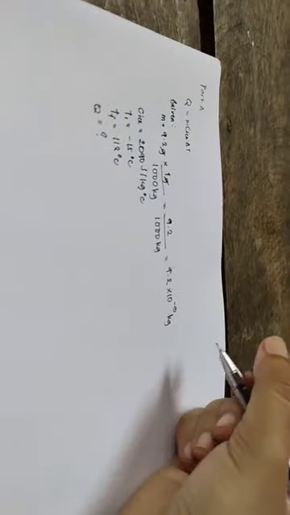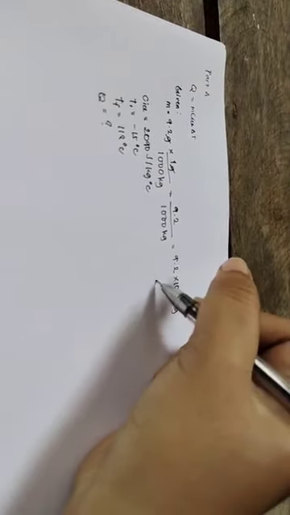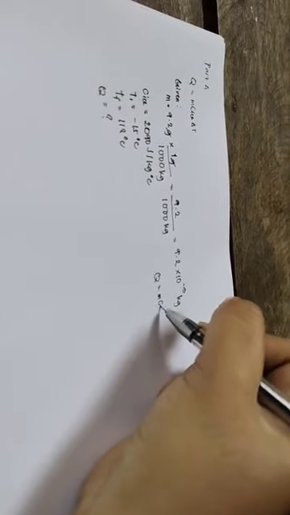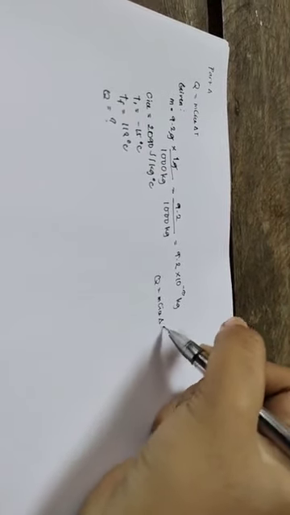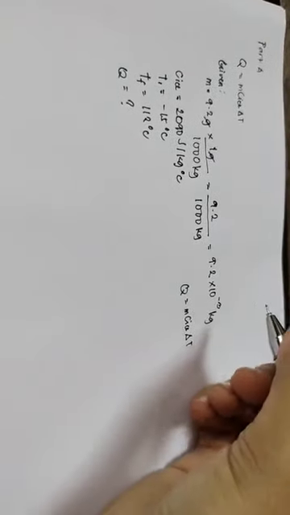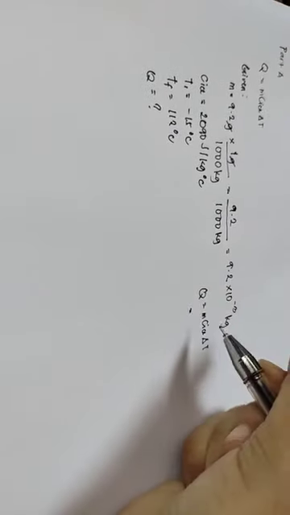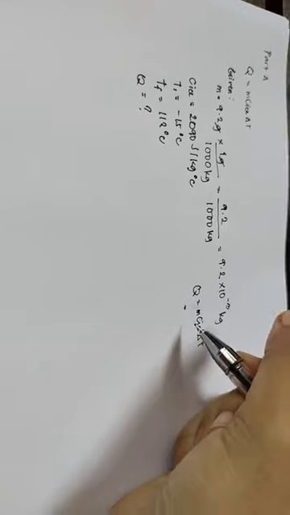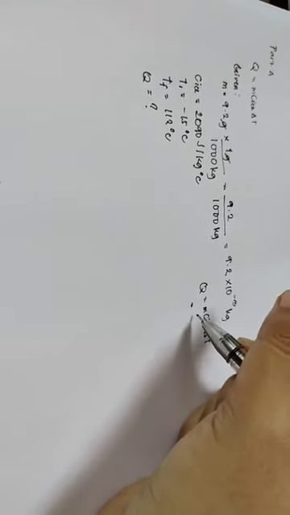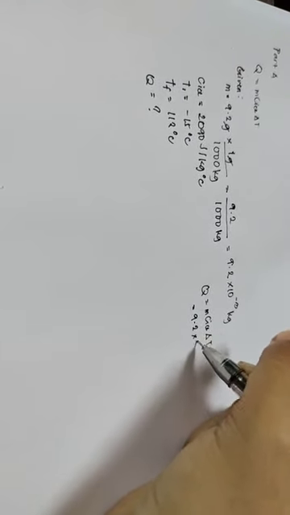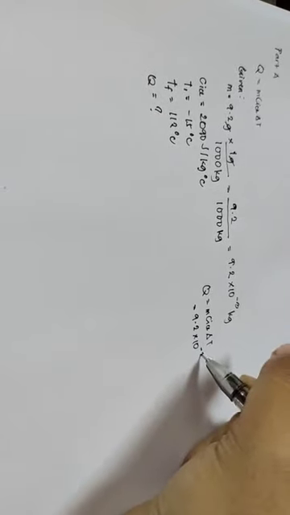So let's solve it. Q equals mc_ice change of temperature. Substitute the givens into the equation. The m is 9.2 times 10 raised to the power of negative 3 kilogram.